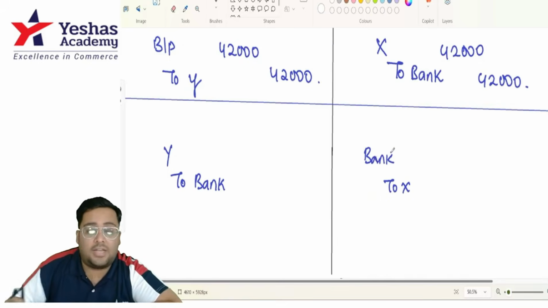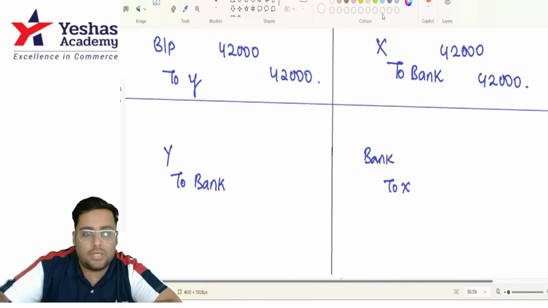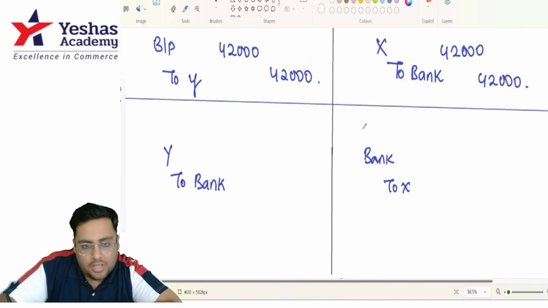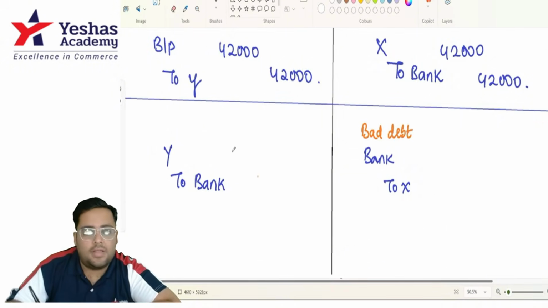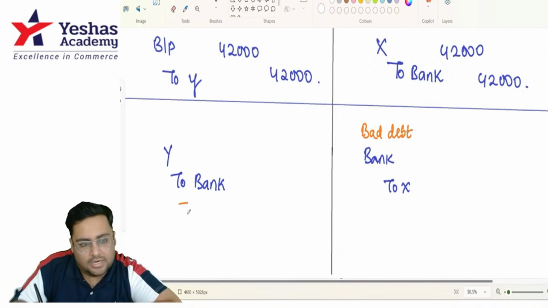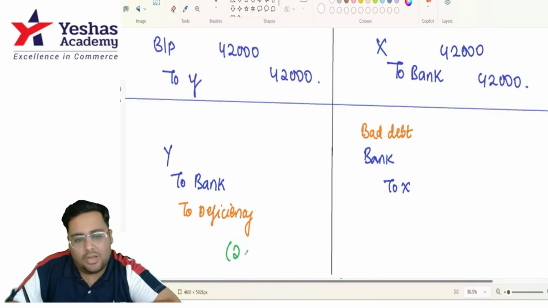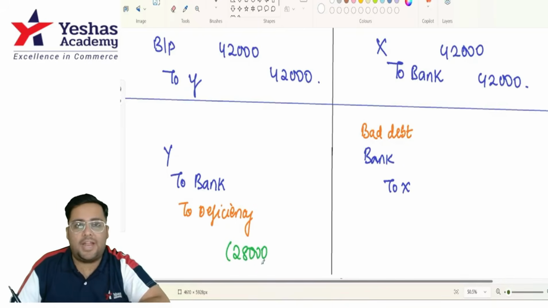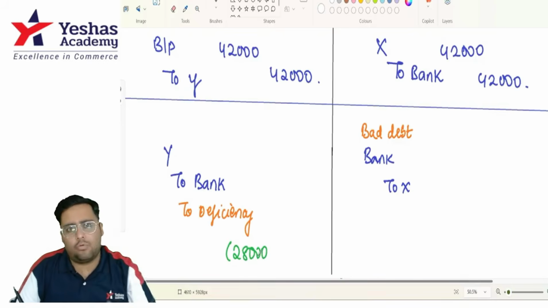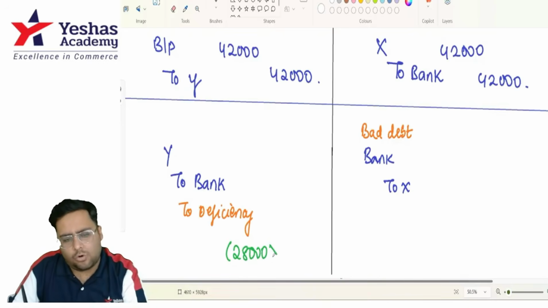But along with that, are we receiving full amount? No, sir. What's the special point over here? In the books of Y, bad debt account will be debited, and in the books of X, deficiency account will be credited. How much is the deficiency, sir? Total amount was 28,000. How 28,000? Old bill 20,000, new bill 8,000. 28,000 was a total.